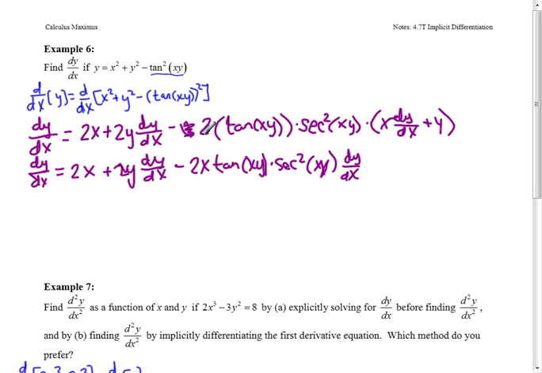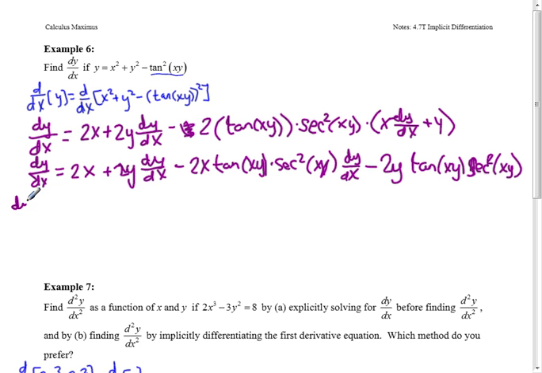And then I need to expand the other part, so I'll have minus 2 tangent xy secant squared xy times y. And I'm going to put the y in the front again so I don't forget it. Tangent, secant squared xy. Okay. So collect anything with a dy/dx and put it on the other side.